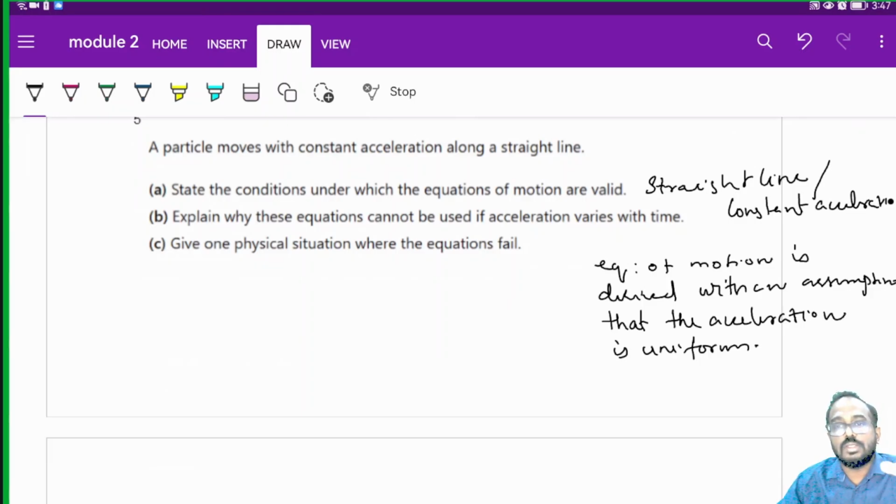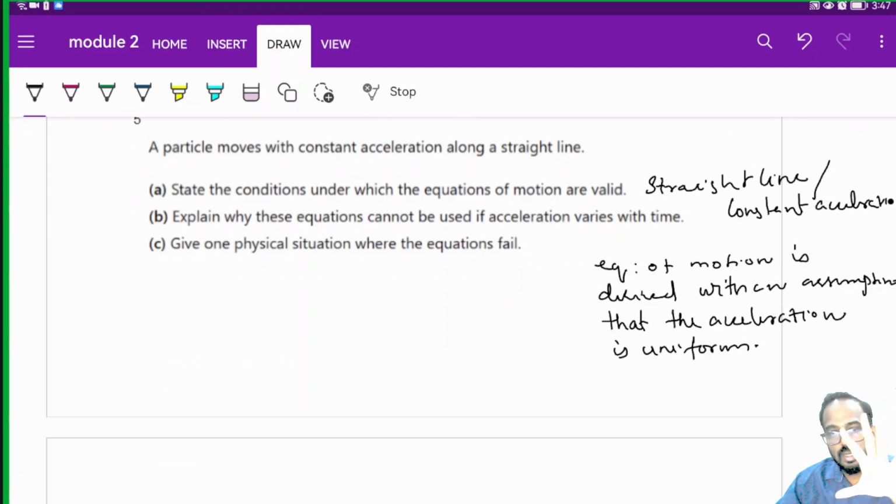Continuously the object is changing its direction. Changing its direction means it is not in a straight line motion, it is in a circular path. So circular motion will be the physical situation, and you can say a car is accelerated. It's not uniformly, right? Practically uniform acceleration is not there. It is not uniformly accelerated from 0 to 60 meter per second. The acceleration will be non-uniform only. So any two physical conditions you can take and write.